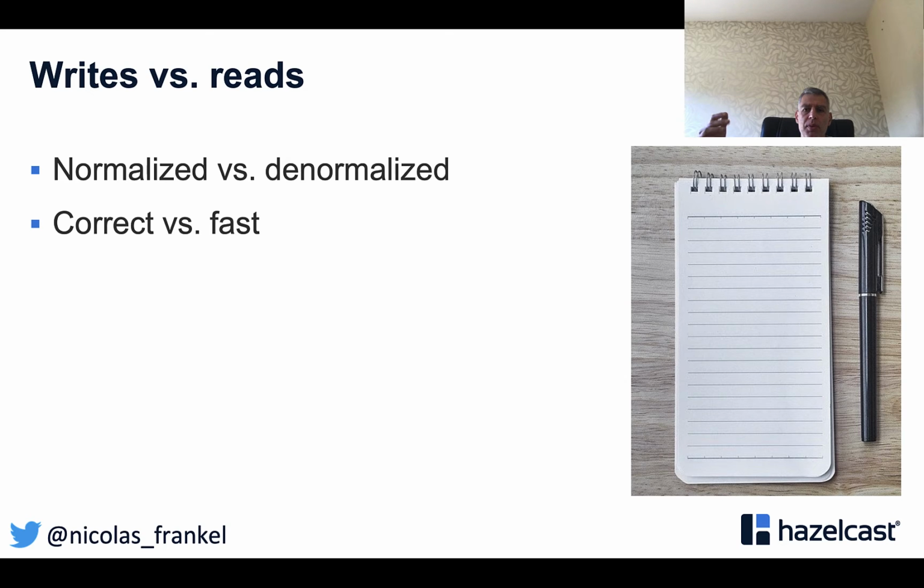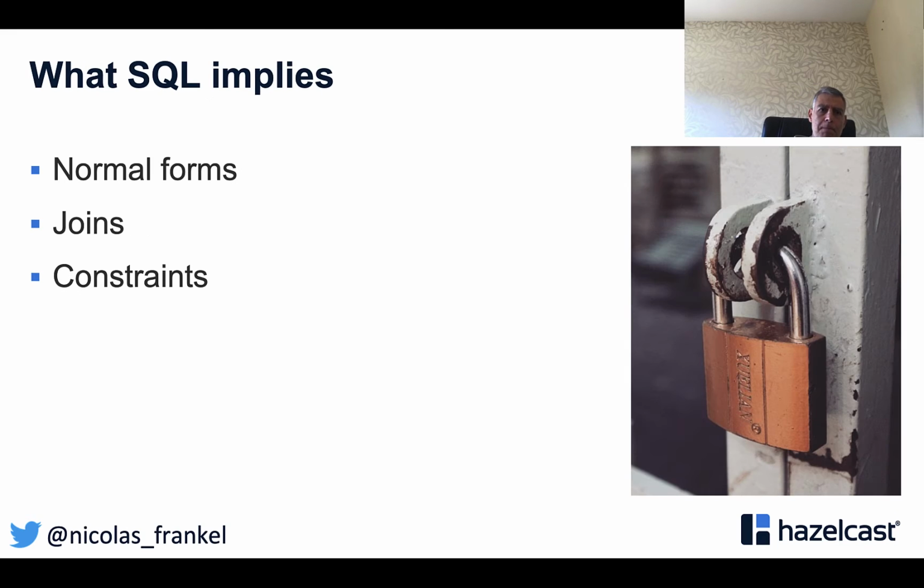They are putting constraints on your reads and they are slowing down your performance. So when you want to write, you want to be correct, but when you want to read, you want to be as fast as possible. And when your use case is only toward reading, of course, then SQL doesn't make a lot of sense.